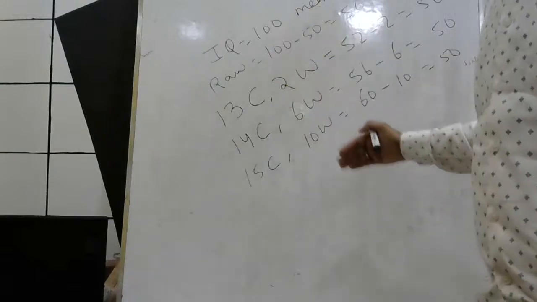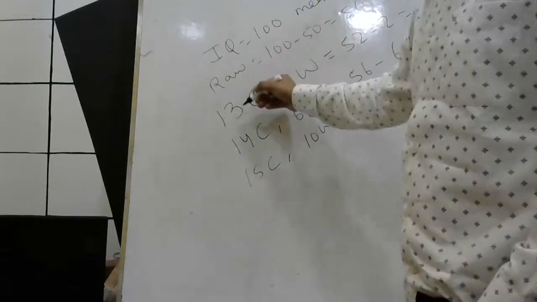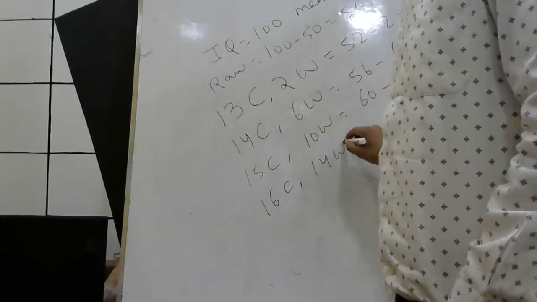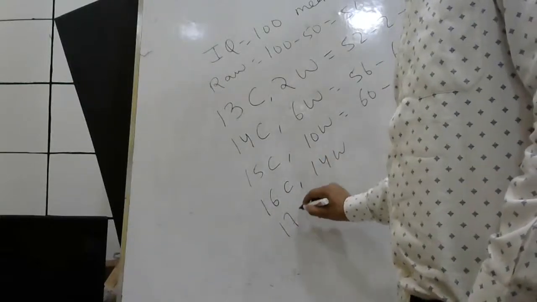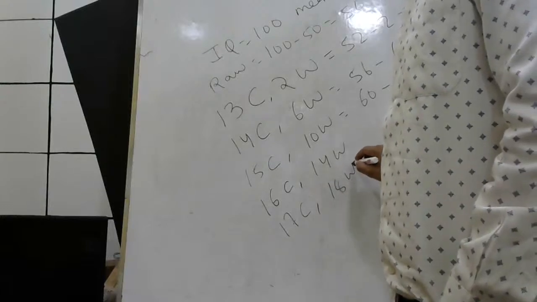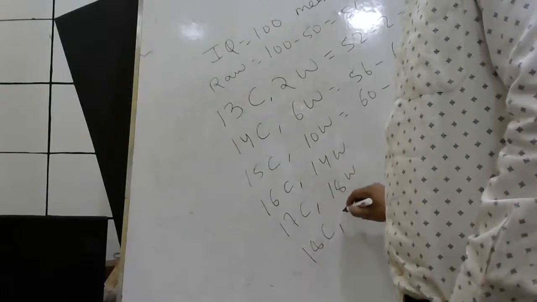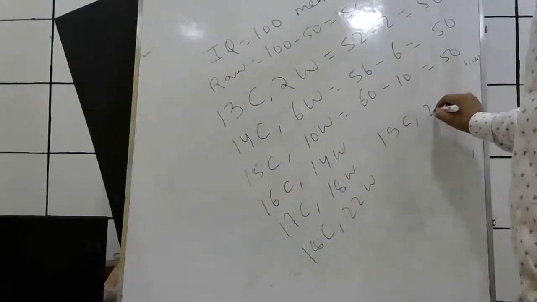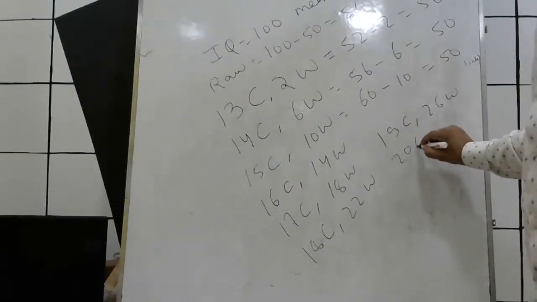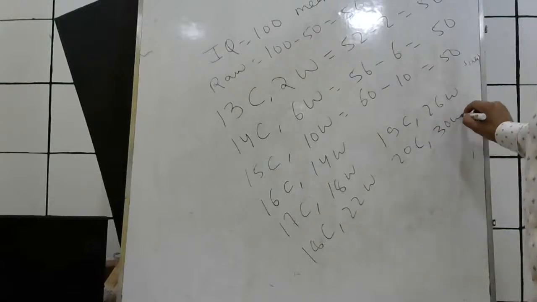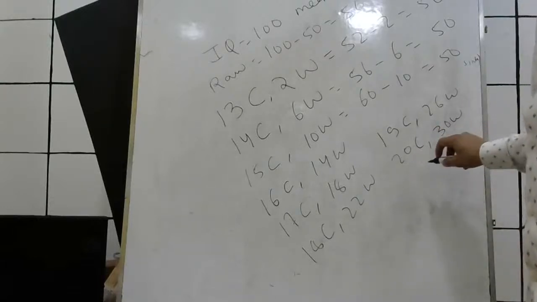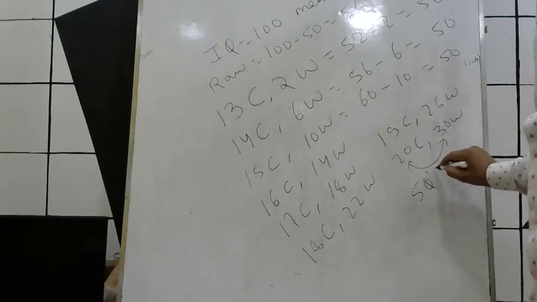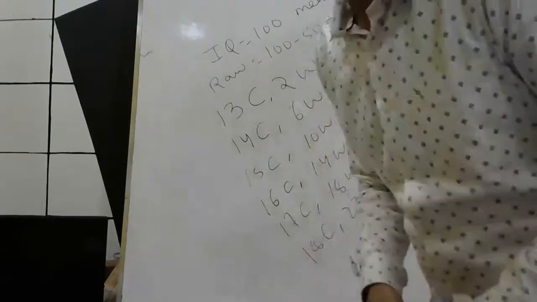It's an arithmetic progression series now. So 13, 14, 15, 16 correct, 14 wrong. 17 correct, 18 wrong. 18 correct, 22 wrong. 19 correct, 26 wrong. And 20 correct, 30 wrong. 20 and 30 together is 50 questions. You can't go beyond that, right?